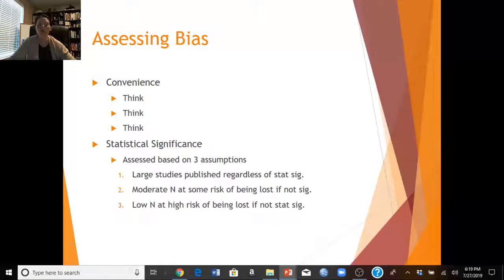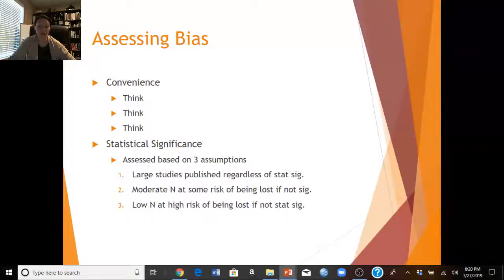So first, we actually have to buy into these 3 assumptions before the forms of assessment we're going to be applying will really work. The first one of these is that large studies tend to be published regardless of whether or not they are statistically significant. So if you've got 2,000 people in your study and it wasn't statistically significant, you're still going to get published.